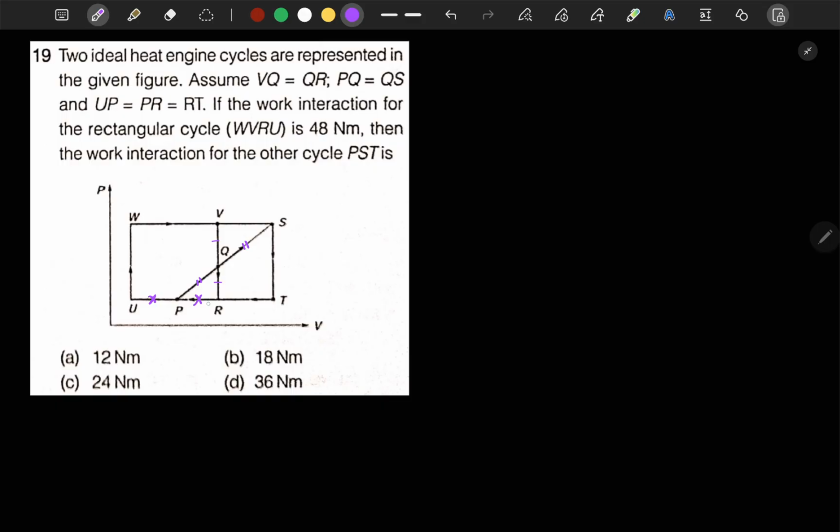PR is equal to RT. If the work interaction for the rectangular cycle VRU is equal to 48 Newton meter, then the work interaction for the other cycle PST will be. Okay, so let's look into this.